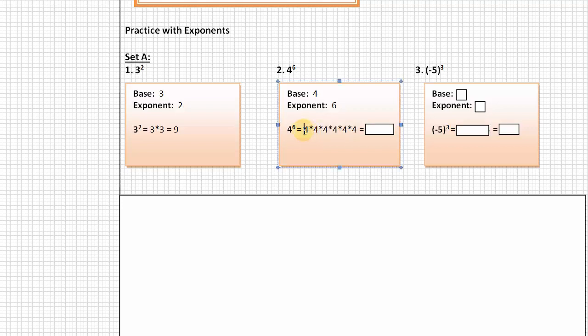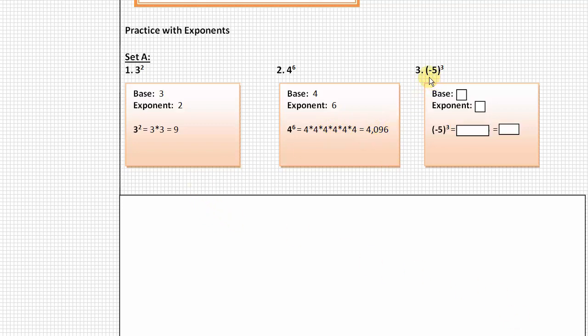So we would multiply 4 out 6 times. What does 4 to the 6th power, or 4 multiplied by itself 6 times, equal? 4,096. So again, all 3 of these expressions are equivalent.